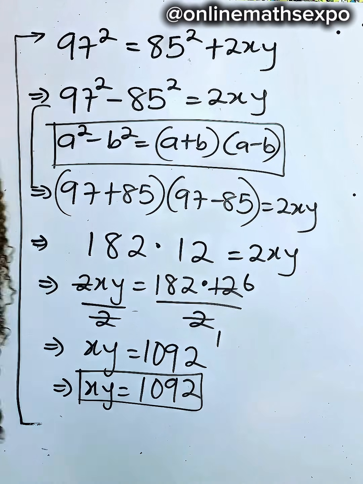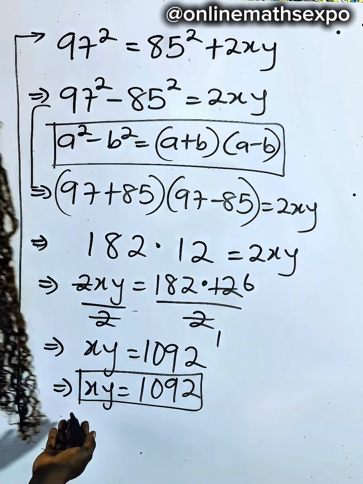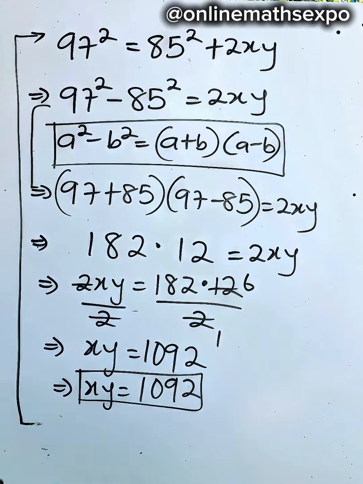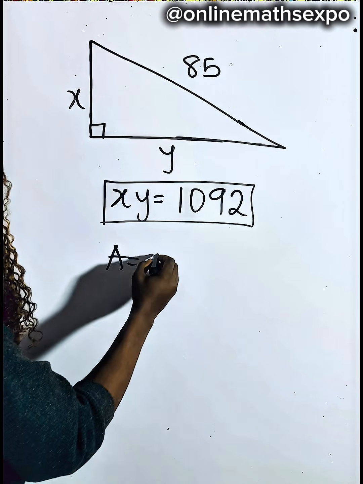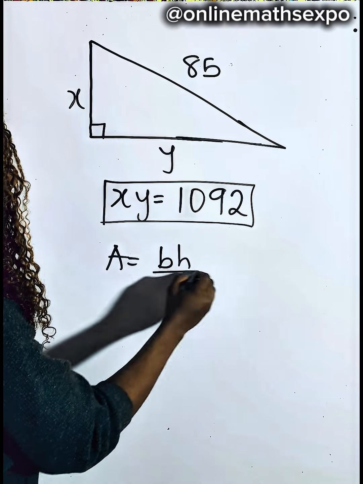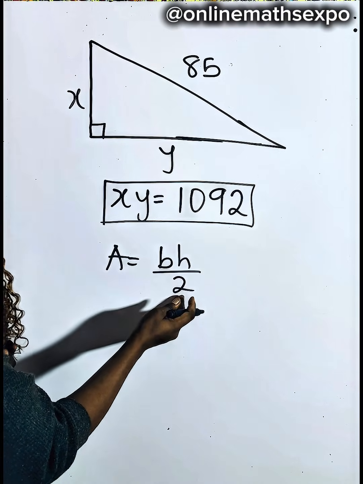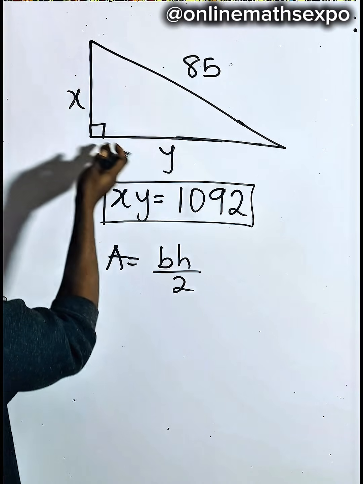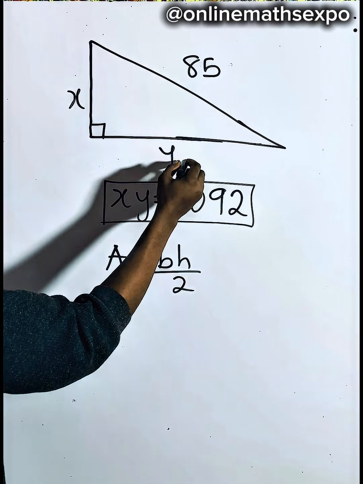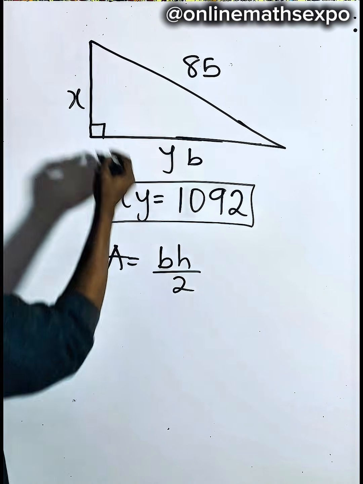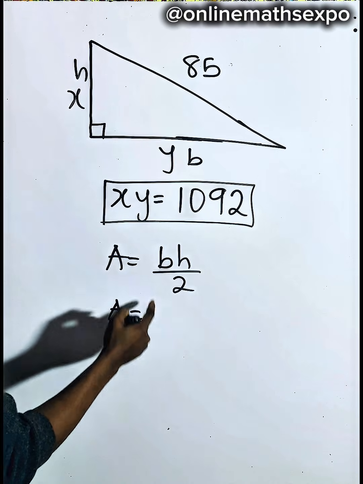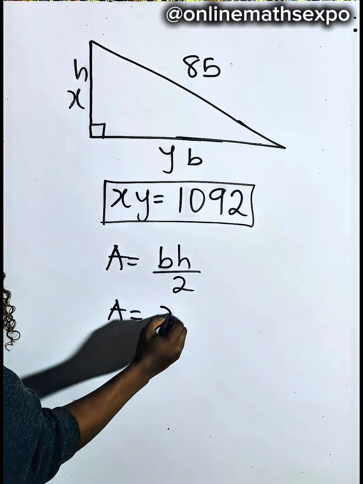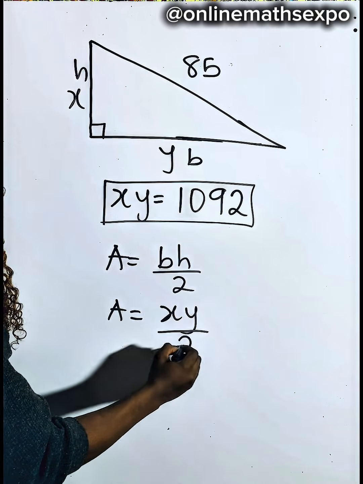Our question is to find the area. We know too well that the area of a triangle is always the base and the height multiplied, then you divide by 2. And this is the base and this is the height. So this is our B and this is our H. So we're going to now have area is equal to XY divided by 2.